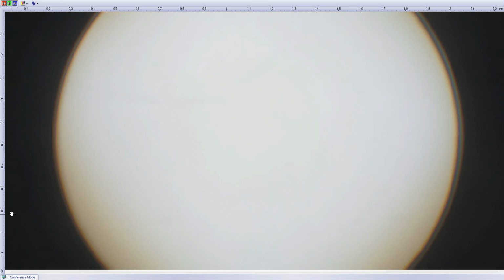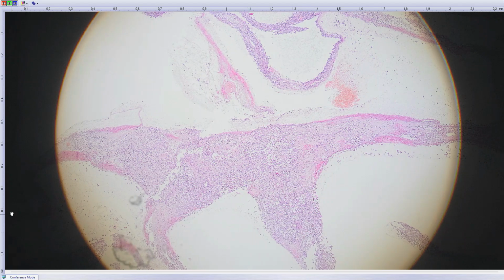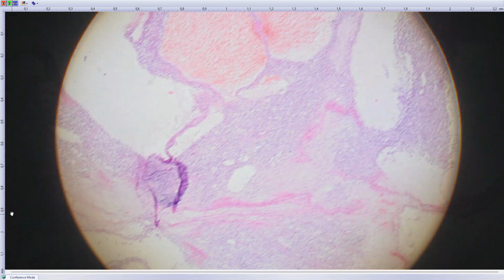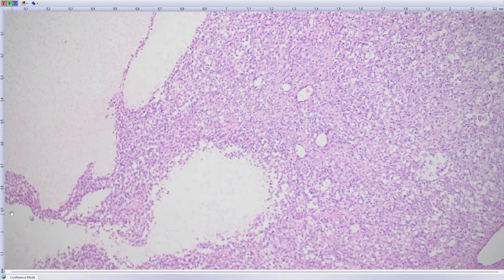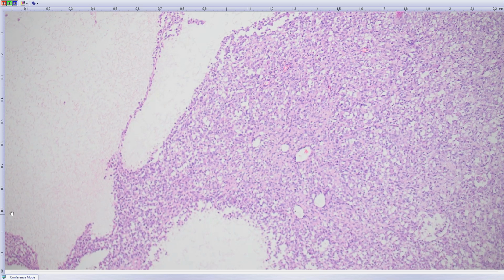But this was a confirmation that this is a small cell carcinoma of hypercalcemic type. It was also confirmed by molecular genetics, because there was a confirmation of mutation of SMARCA4, which was a germinal mutation.